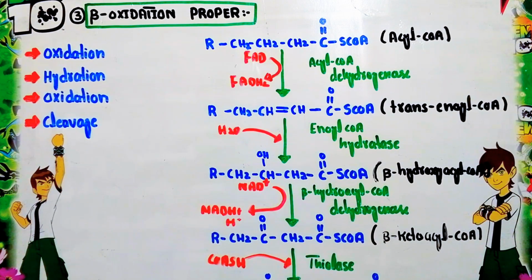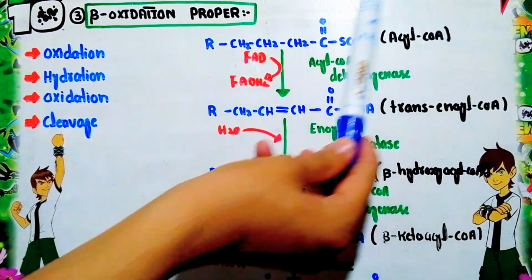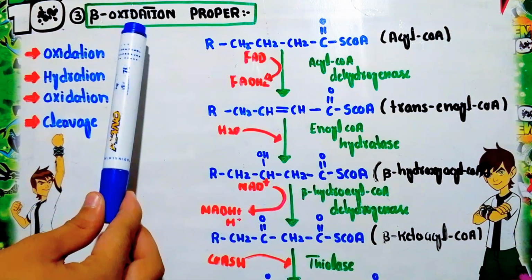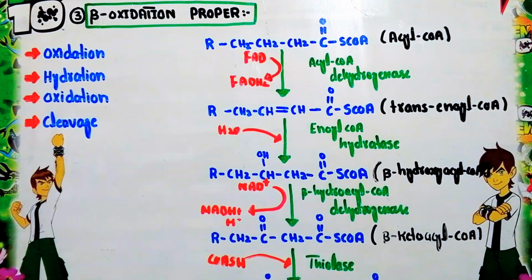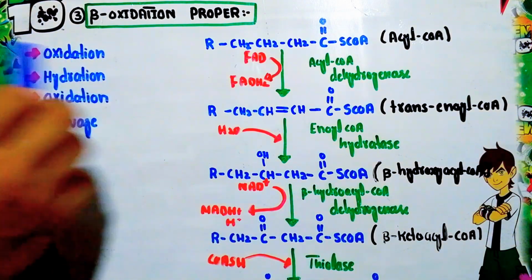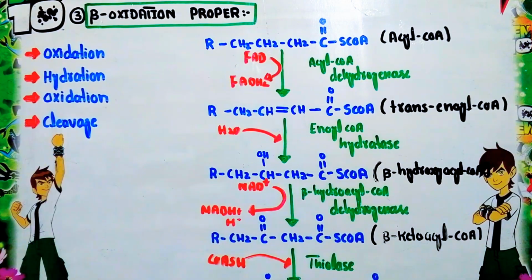This system oxidizes the acyl coenzyme A, and the overall process occurs in four steps. The first is oxidation, the second is hydration, the third is again oxidation, and the fourth is cleavage.